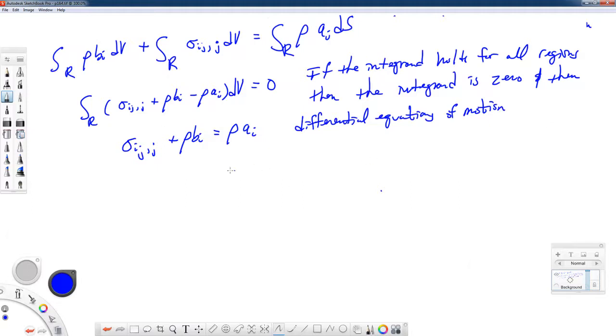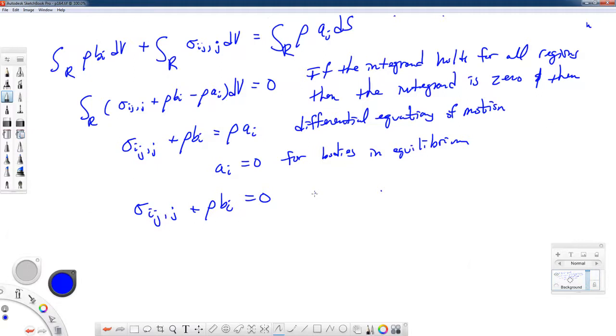If the body is in equilibrium, the a_i terms are 0. And in that case, we have sigma_ij,j plus rho b_i is equal to 0.